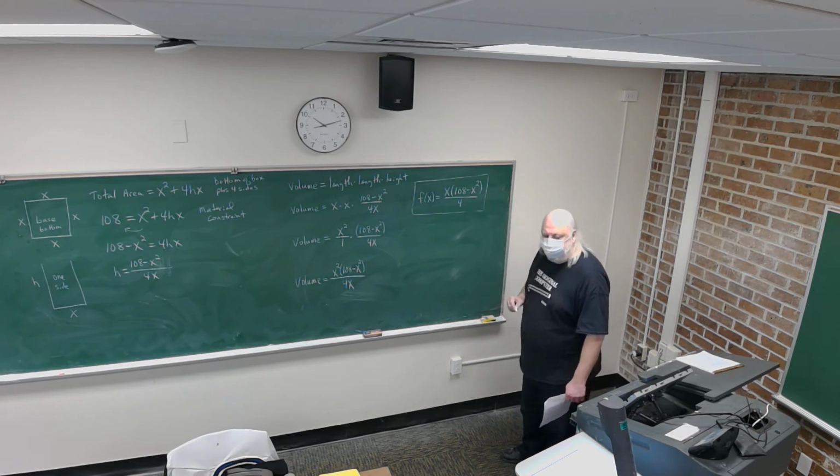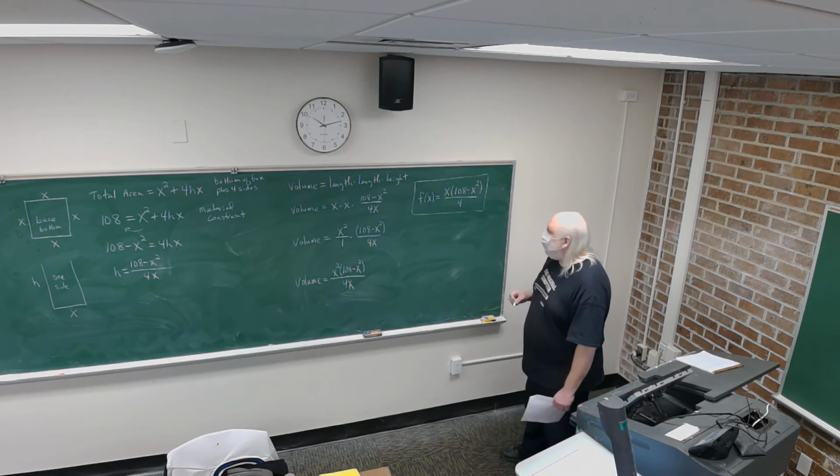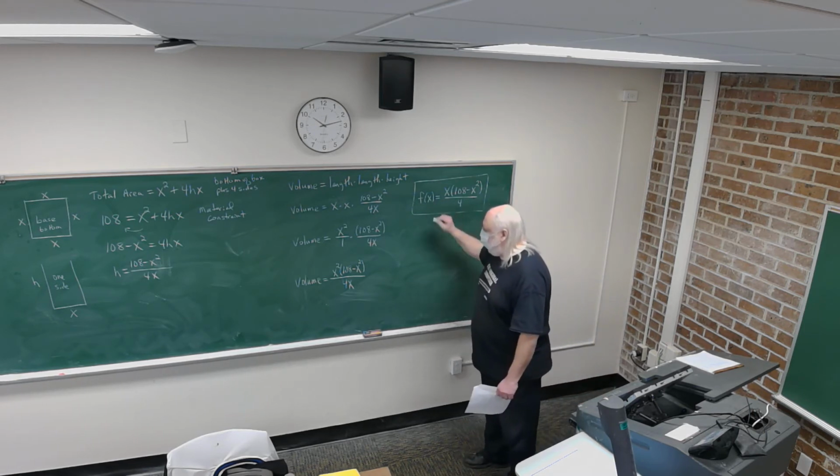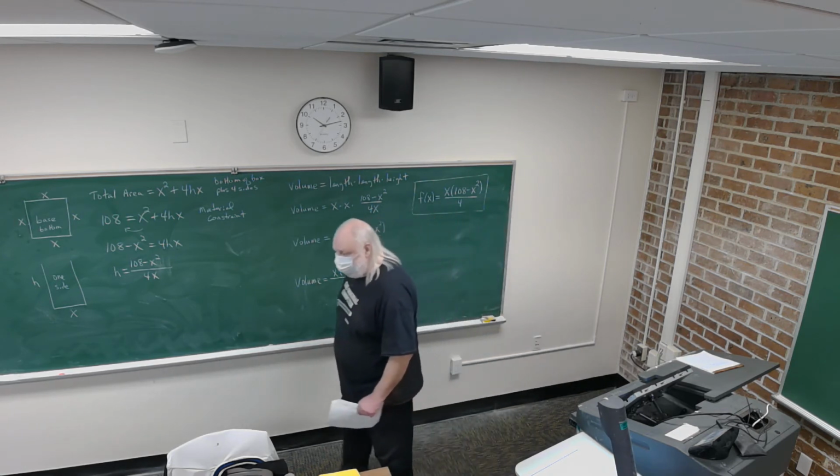So this is a polynomial of degree 3, and we don't have tools at this stage to find the optimal value for a third degree polynomial, but you will in calculus. So this is the volume written as a function of the length of one side of the base.